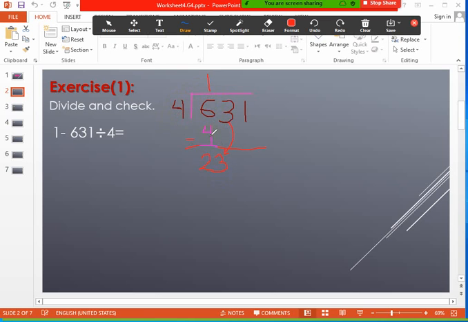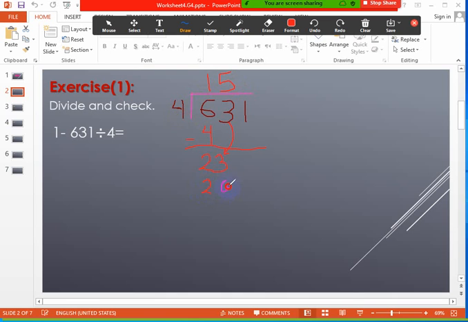You told me the answer, which is 20, but what is the number? Very good, Bisan. The number is 5, because if I multiply 5 by 4, the answer will be 20. And 20 is the closest number to 23. So the answer here in the tens will be 5. Now, 5 multiplied by 4 equals what? Equals 20. I will put it here under the 23.